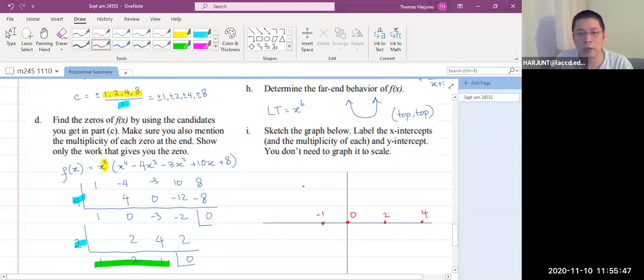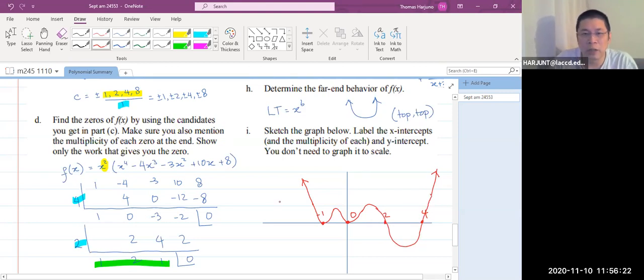Oh, the far end behavior is up. At negative 1, it's multiplicity of 2, so it bounces. It's just touching, not crossing. At 0, it's also multiplicity of 2, it's just touching. At 2 is odd multiplicity, actually degree 1, so it will cross linearly. At 4, multiplicity of 1, it will cross linearly. So approximately that's what the function looks like.